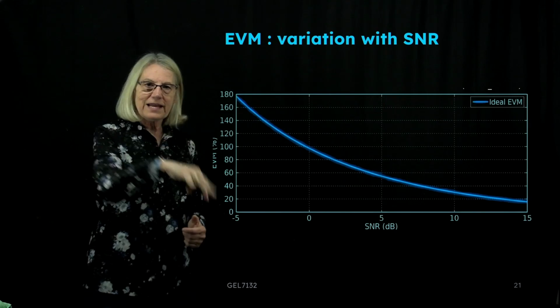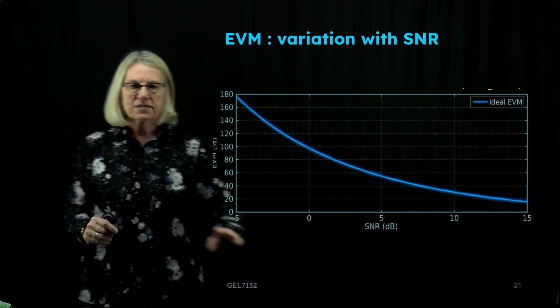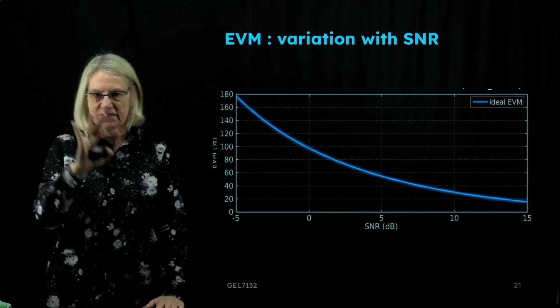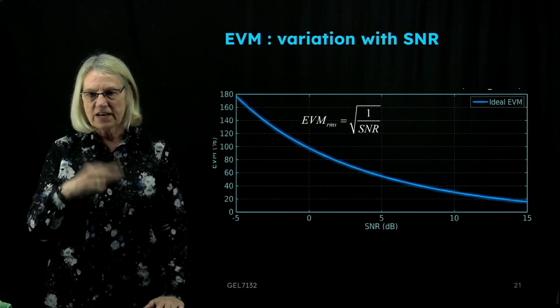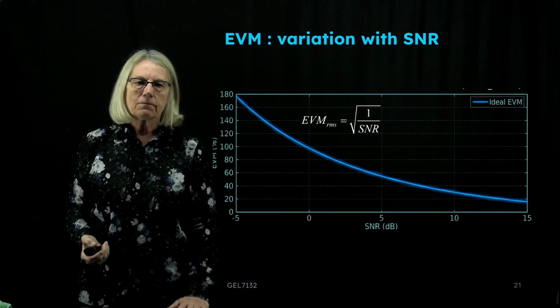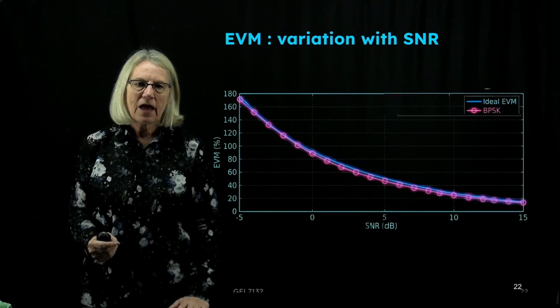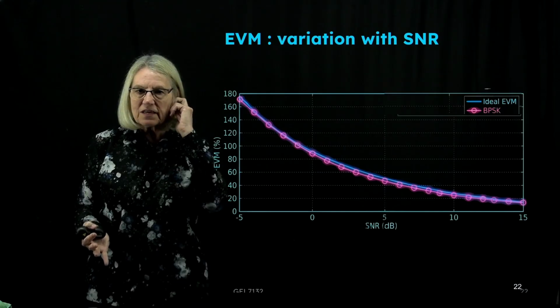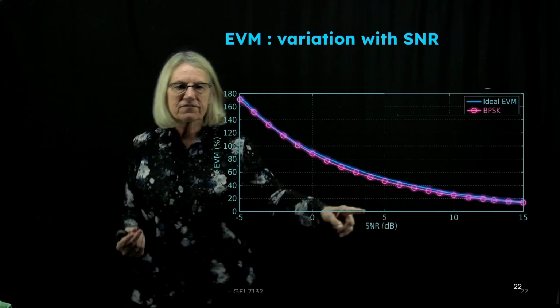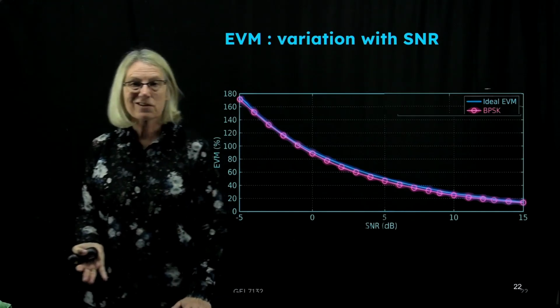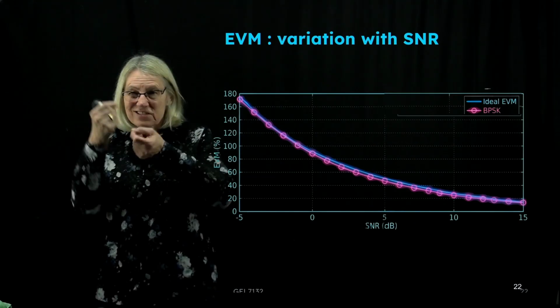So what I'm going to plot here is the signal-to-noise ratio versus the error vector magnitude. And this curve is that equation, it's equal. This is what it would be. Now, if I use BPSK and I look at what if I had this SNR, then I would have a certain number of bits that were in error, and so there would be a discrepancy.